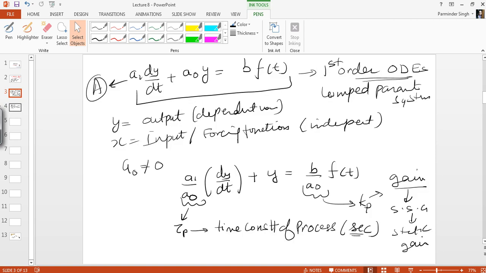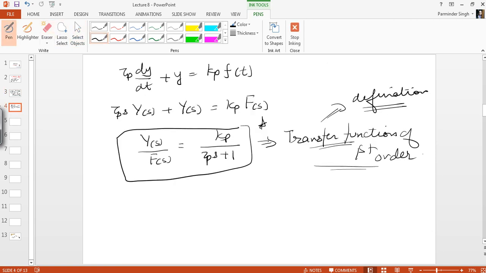Now suppose a naught is 0. So what do we have? Your equation is basically dy by dt equal to b by a1 times f of t, your equation a.